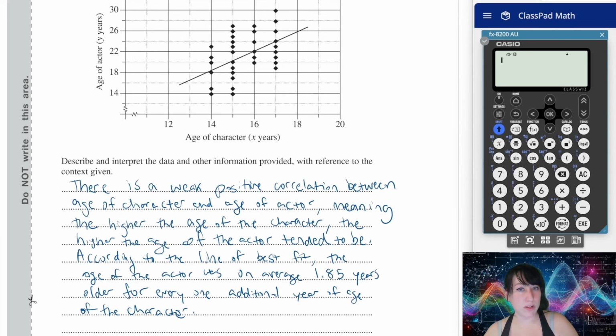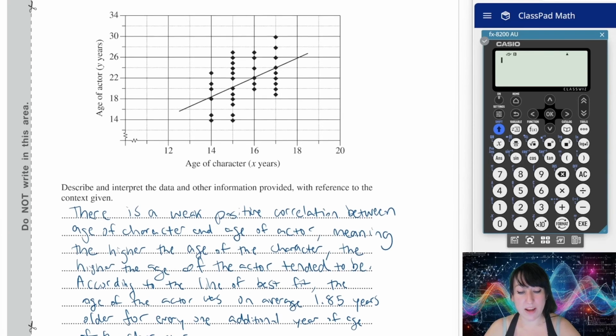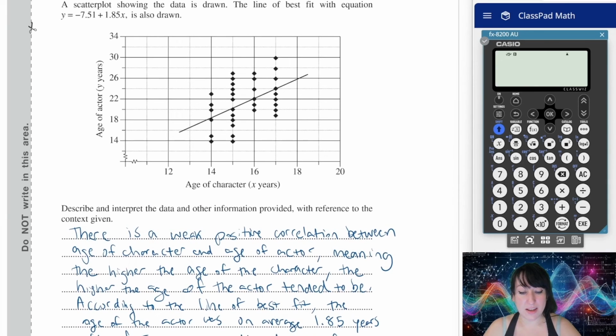Lastly, there's one more thing that we can point out about this relationship, and that comes to validity, right? The data only exists for ages of characters from 14 years to 17 years old. And that's again why, if we thought about the y-intercept, first of all, that would be what we call extrapolation. That's outside of the data.